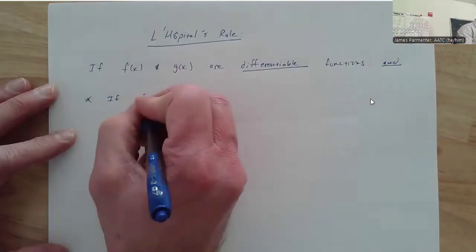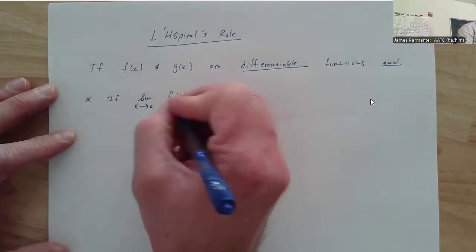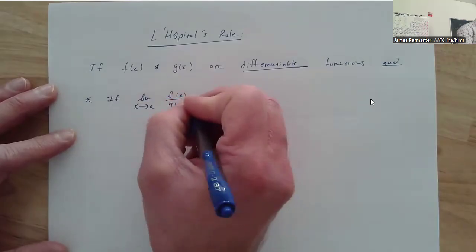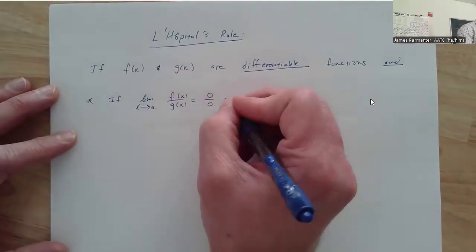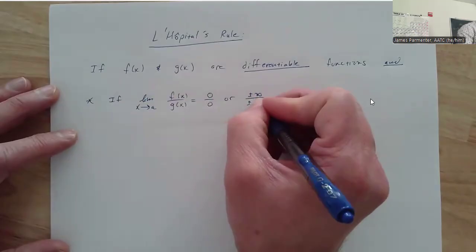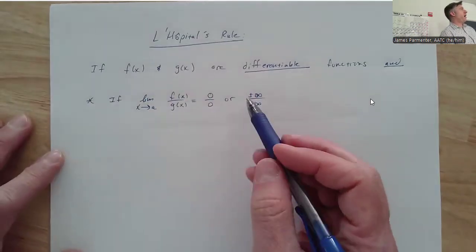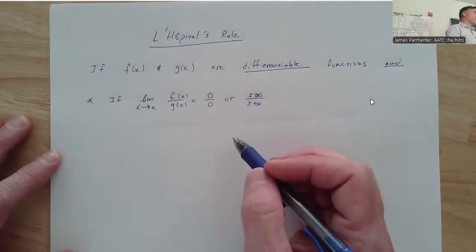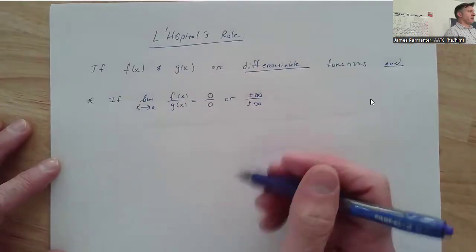If the limit as x approaches a of f of x over g of x is equal to either 0 over 0 or some sort of infinity over some sort of infinity, the infinities do not have to match here. It could be a positive infinity over a negative infinity, a positive over a positive, a negative over a negative, right? They don't have to be the same type.